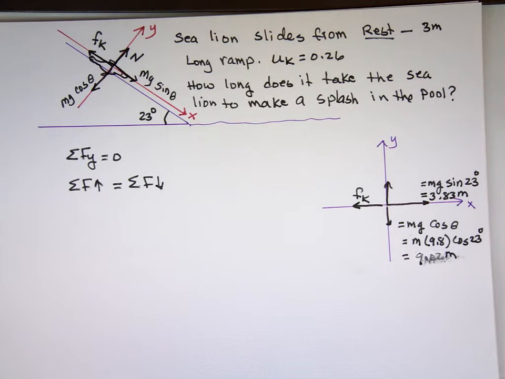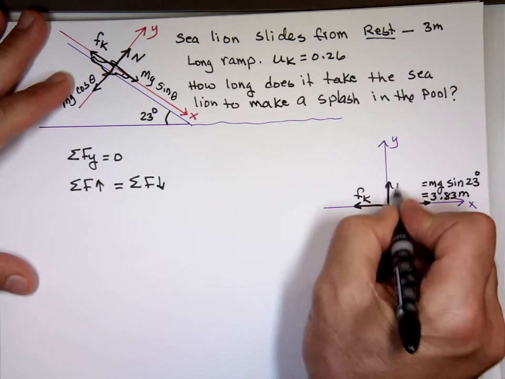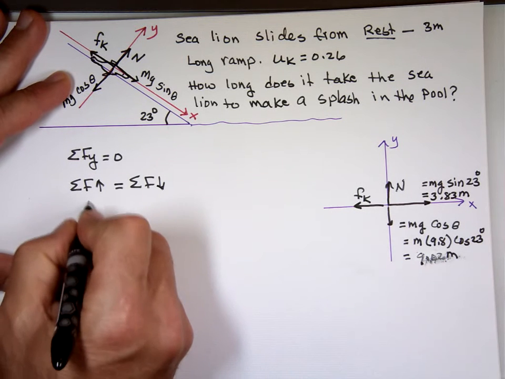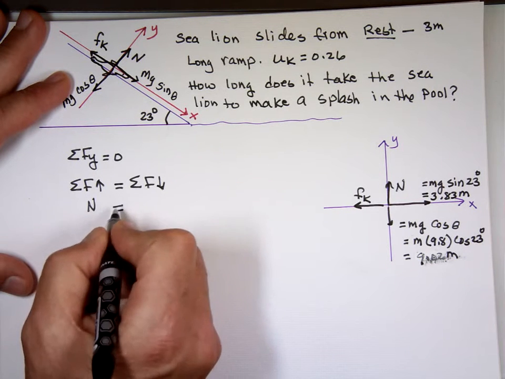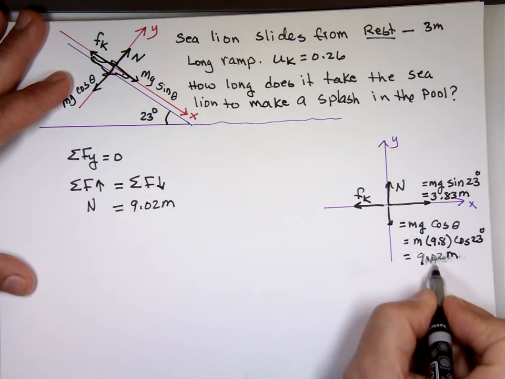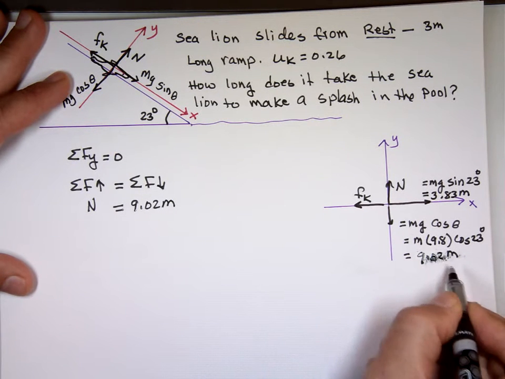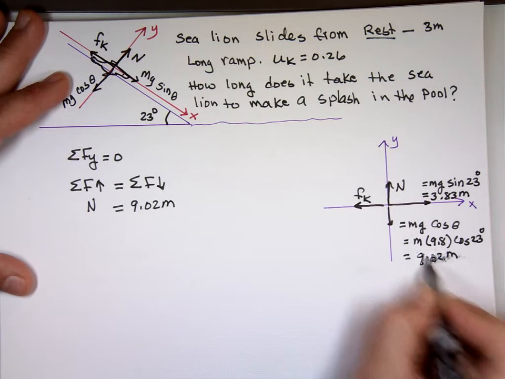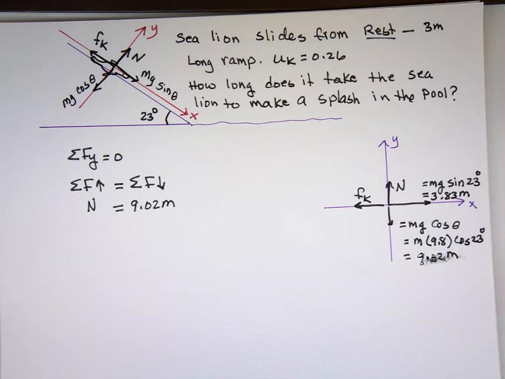What do we have pointing upward? We have the normal force, and what do we have pointing down? 9.02 m. That's what that number is. Hard to read. That's the normal.